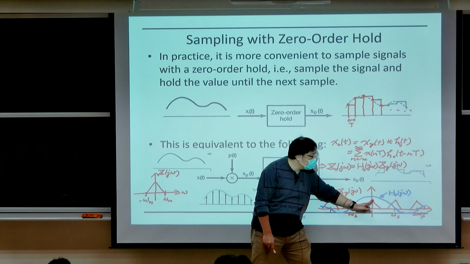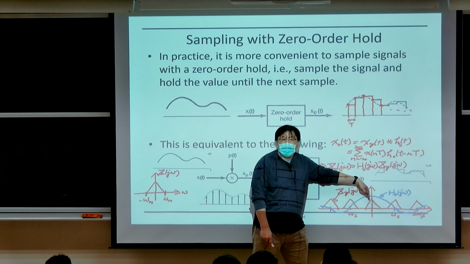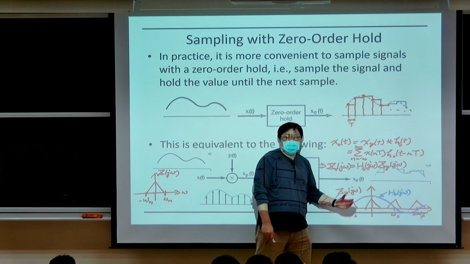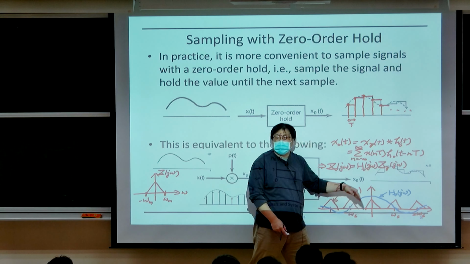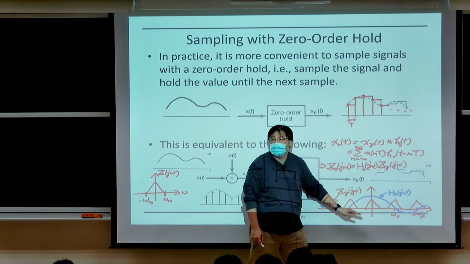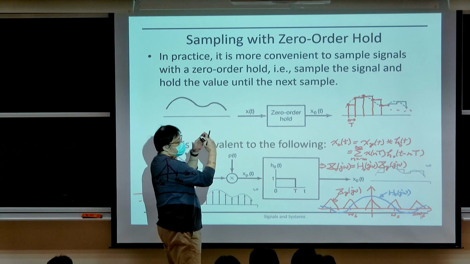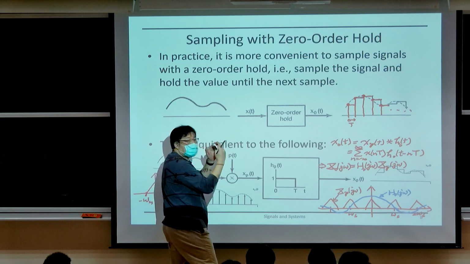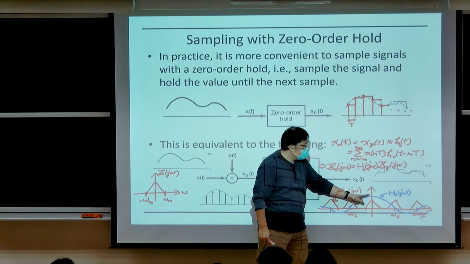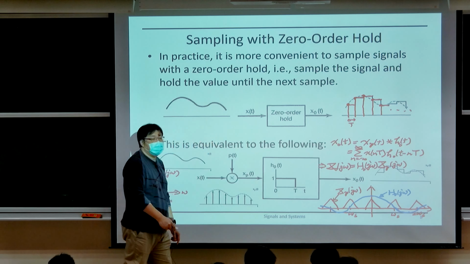So you're distorting the shape of this spectrum. So even if you apply an ideal low-pass filter to extract this out, you are extracting out something that is distorted by this curvature. So it is no longer a perfect triangle, but in fact, the shape changes because you're multiplying by this non-constant gain.